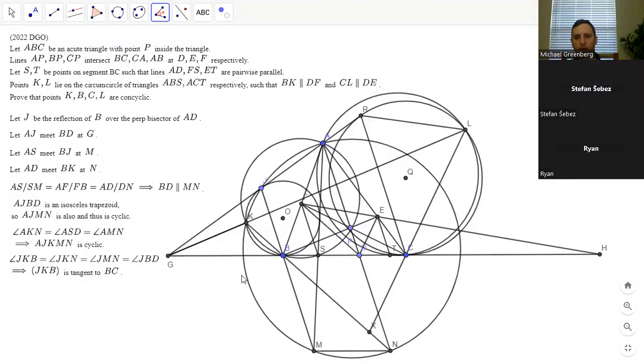So it's the same as showing HS over HT is SD over DT, and that's the same as showing those are harmonic.